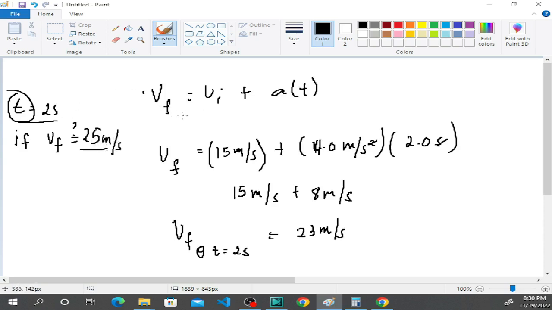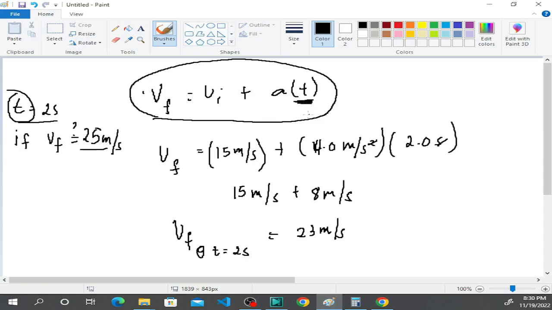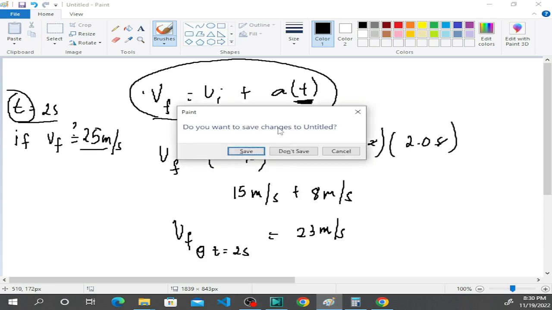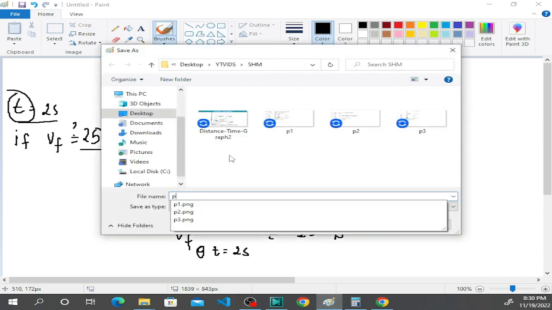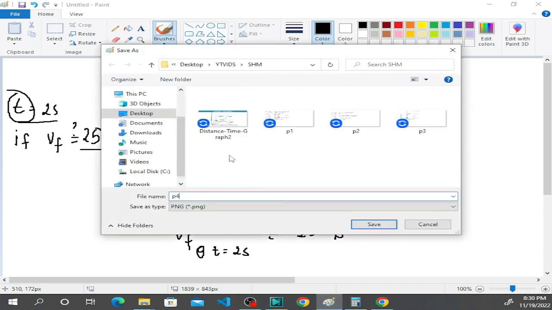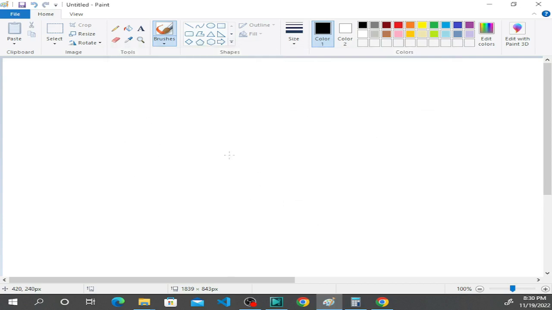You're right, we're going to use the same formula in order to find the value of time. So I guess I have to save it again. This is P4.